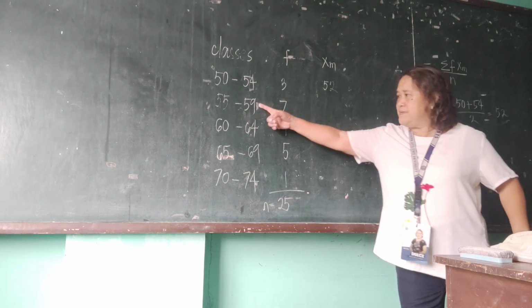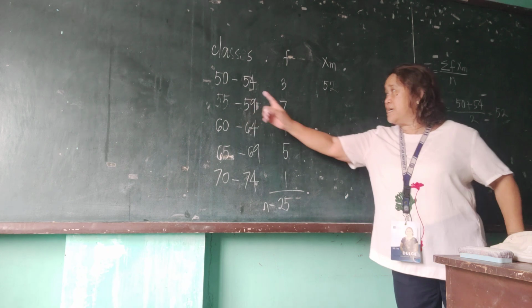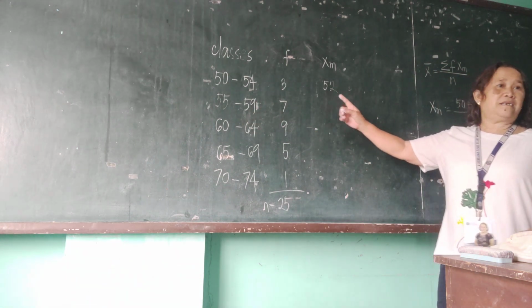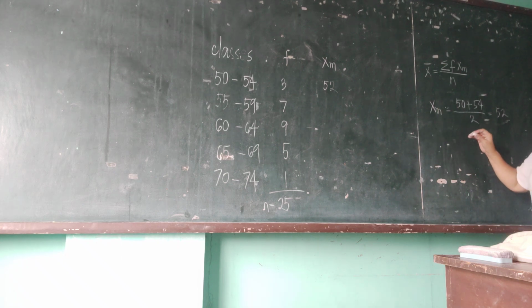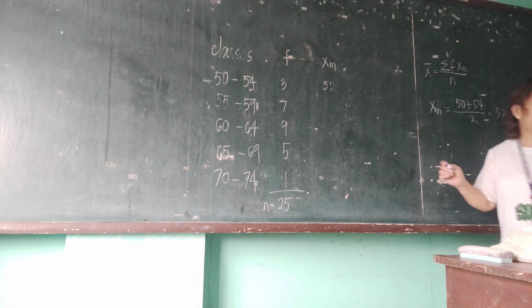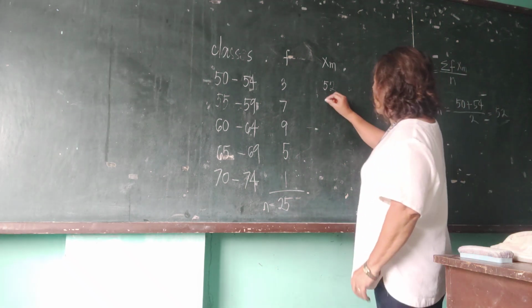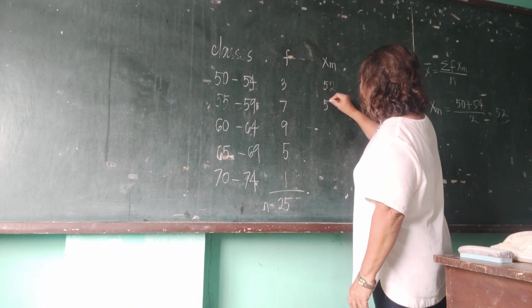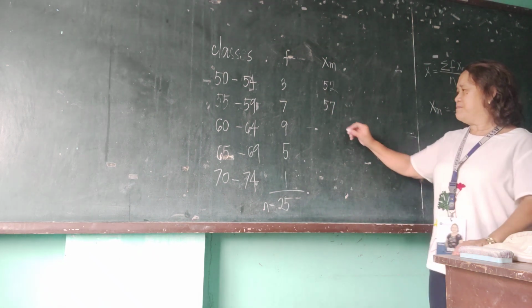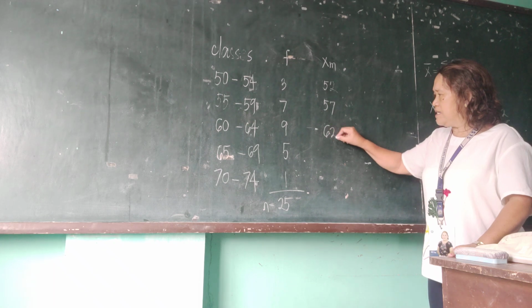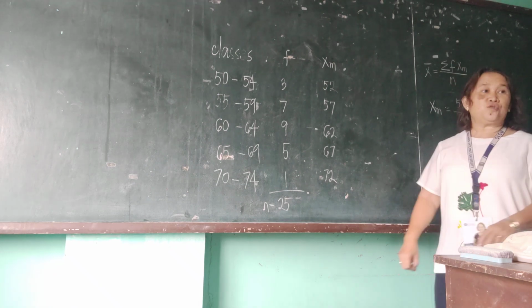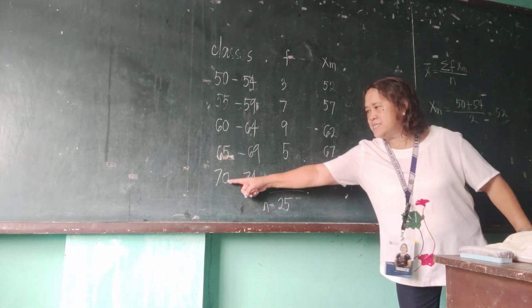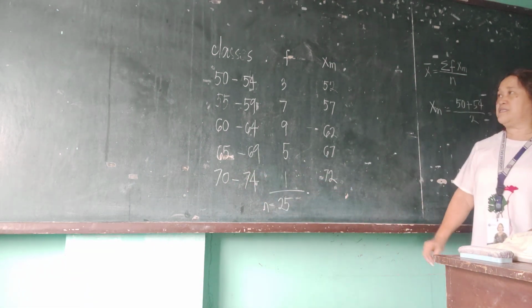So we can just keep adding 5. Instead, you can also start with 55 plus 59 divided by 2, or the 60 plus 64 divided by 2. 57 plus 5 plus 5 plus 5 is 72. So you can see it's in the middle of 70 and 74.